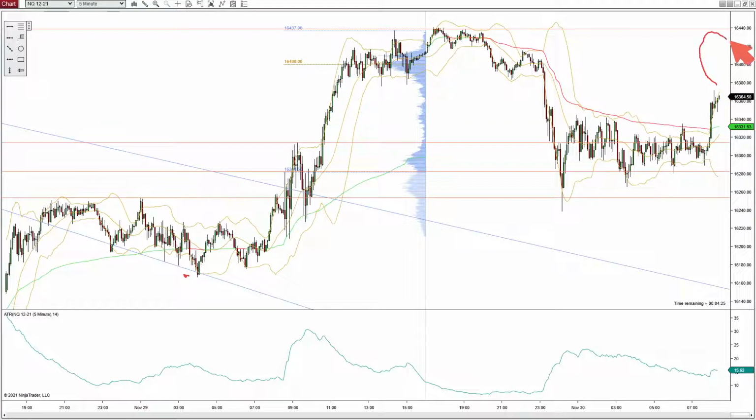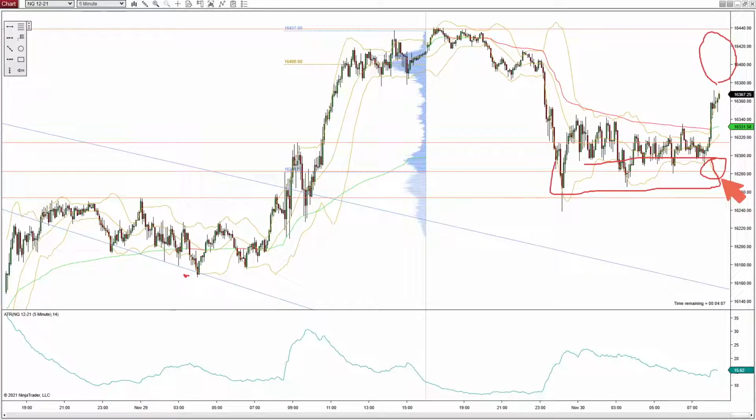I think it's probably gonna want to come up into this area before it finds any real resistance. It may also want to come back down and test this area, come back down in here, and this would be a good buy zone down here too. I think you could buy it down here for a bounce.